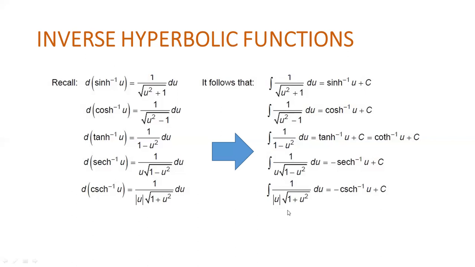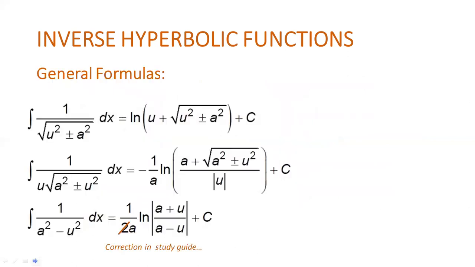If it's not 1, there must be some alternative that could be used, and that alternative is presented here. So if you have the integral of dx over the square root of a squared, plus or minus u squared, a squared here could be any constant. It could even be not a perfect square constant, but it's a constant.